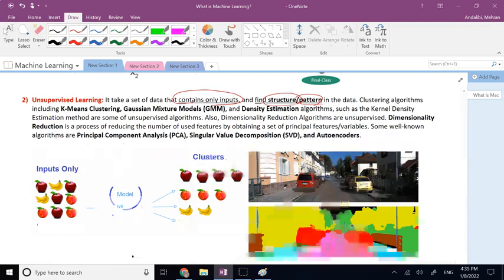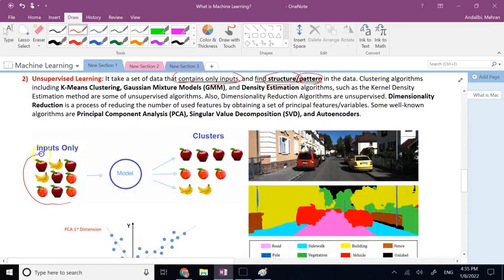Like what? Like I give you this data, just a bunch of pictures of fruit, and say, hey, could you find patterns within this? Could you find clusters? That's one of the terms you hear a lot in unsupervised learning. Could you find clusters of data? By clusters, I mean those groups of data that have the highest similarity to each other.